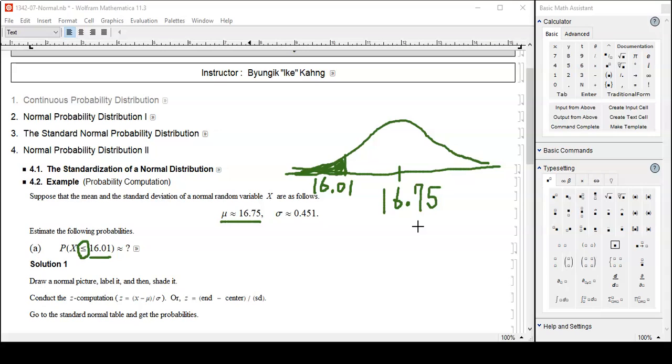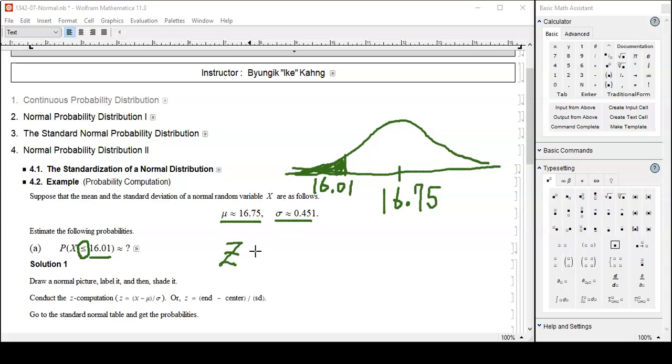Now let's go to the z computation. Z is x minus mu over sigma, as the conversion formula says, or equivalently, end minus center over SD. So x minus mu over sigma, or if you look at the picture, end minus center over SD.